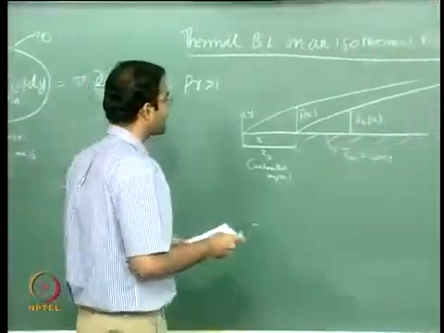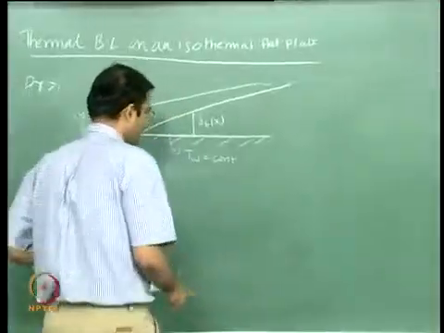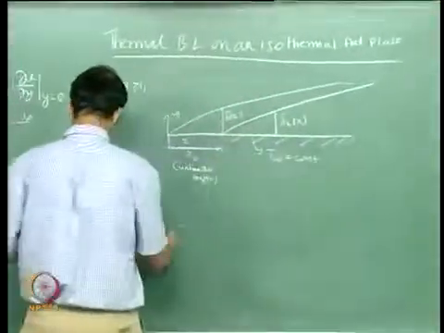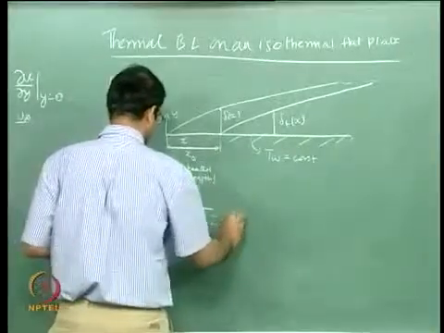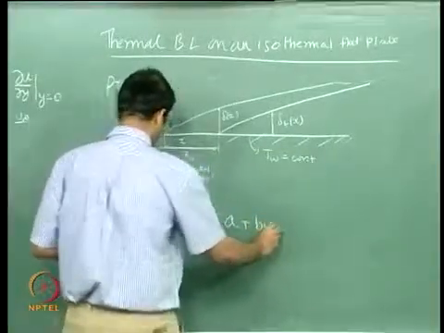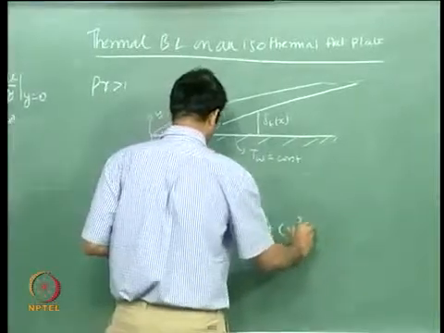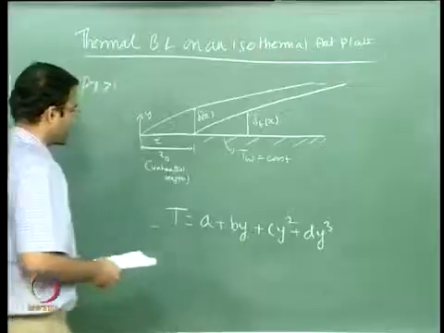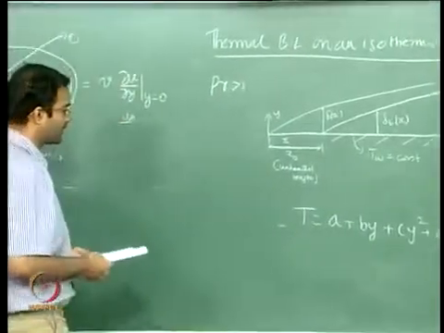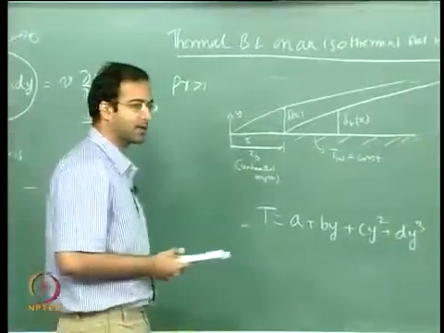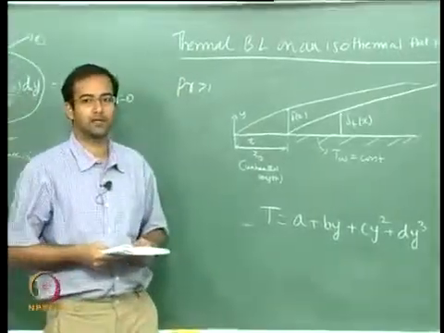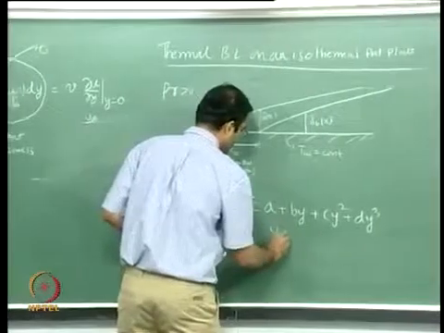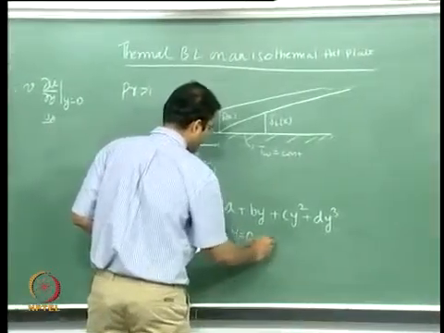So let us now also assume directly a third degree polynomial for temperature. Something of this sort. Now you have to tell me which boundary conditions can be applied to satisfy this. At y equal to 0, T equal to T wall.